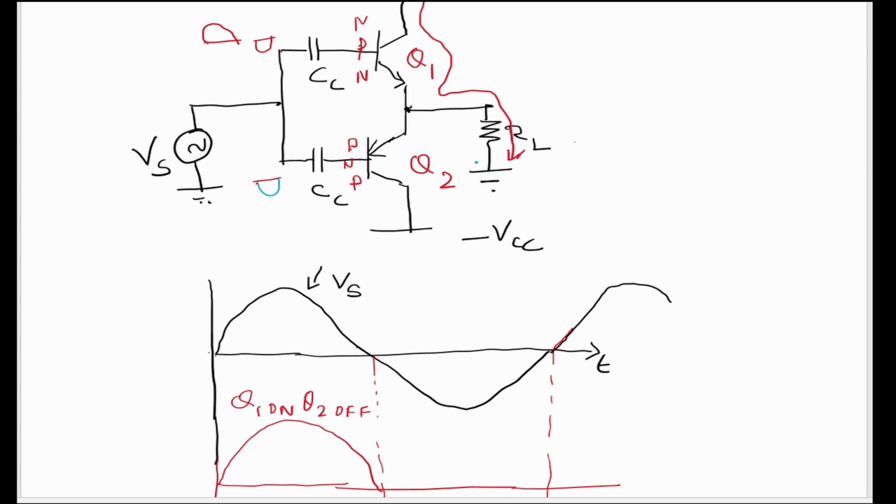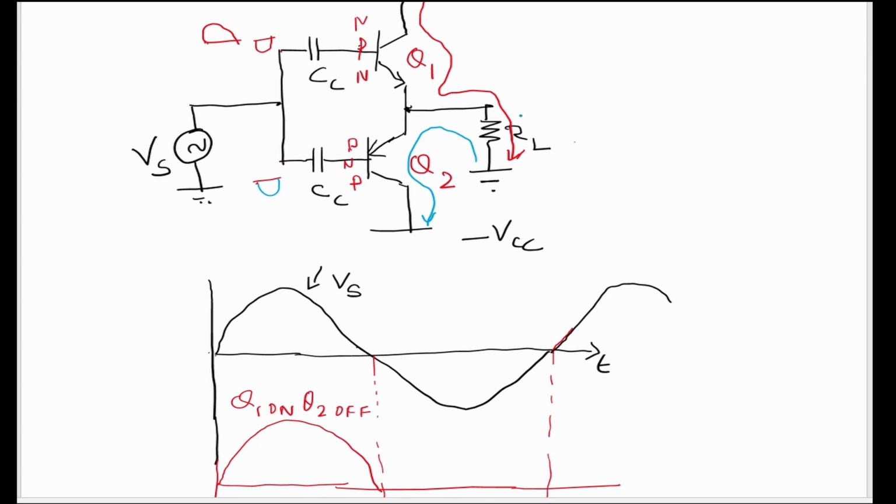But the current direction will be like this because this is minus VCC point and this is ground. So the current will flow from higher voltage to lower voltage. So the current direction will be like this.